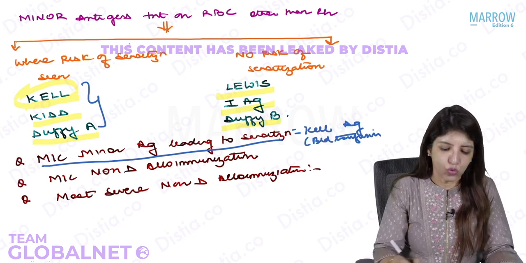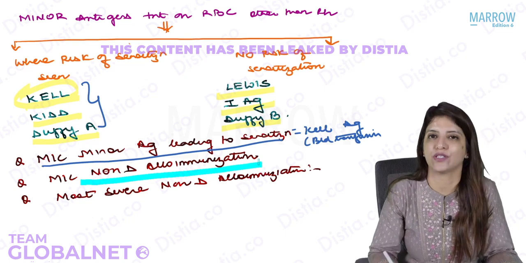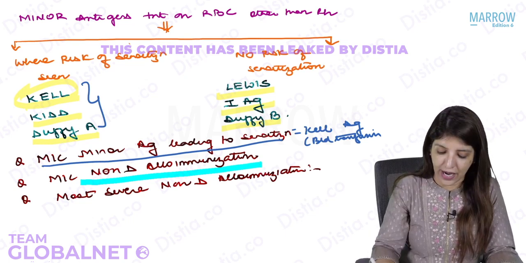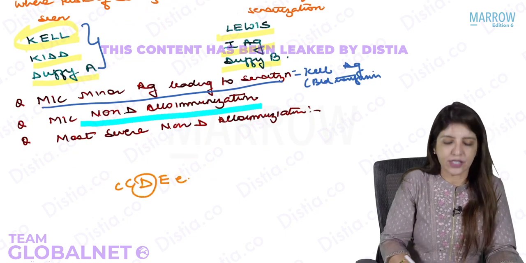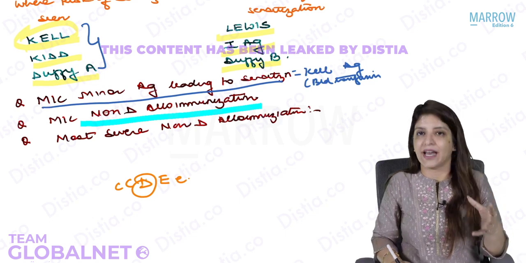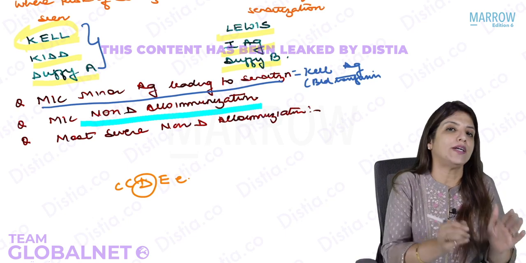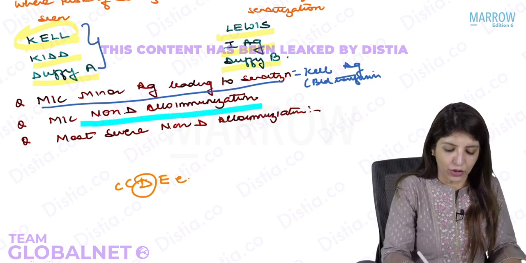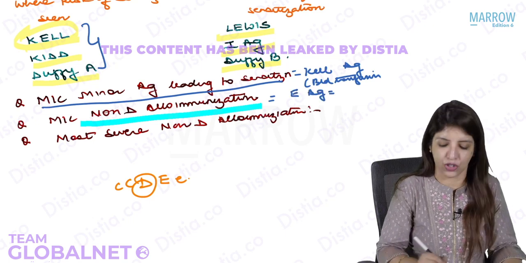Now I'm asking you most common non-D alloimmunization. So Rh antigens were of 5 varieties: small c, capital C, D, capital E, and small e. So just now we have talked about the D antigen, right? Now I'm asking you most common non-D alloimmunization. The most common non-D alloimmunization is the E antigen alloimmunization, right?